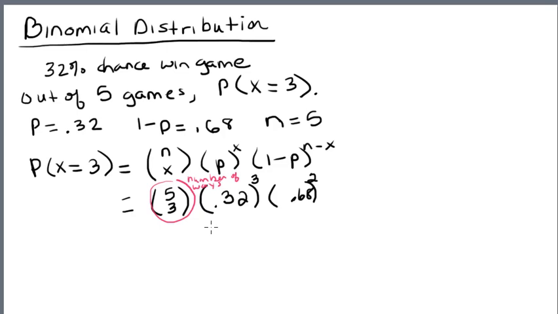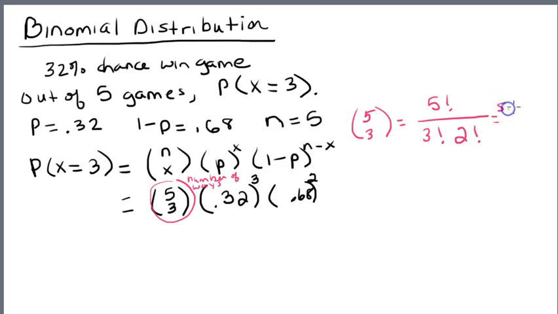So instead of trying to figure out how each of them occur, we actually have a formula that will help us do that. So if you look at your formula sheet, you will see that 5 choose 3 is 5 factorial divided by 3 factorial times 2 factorial.